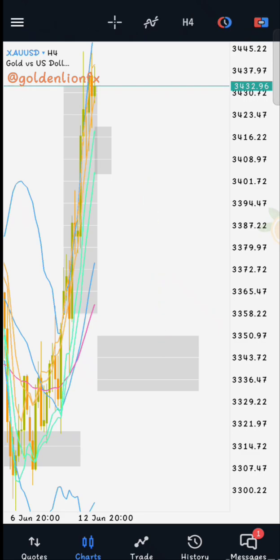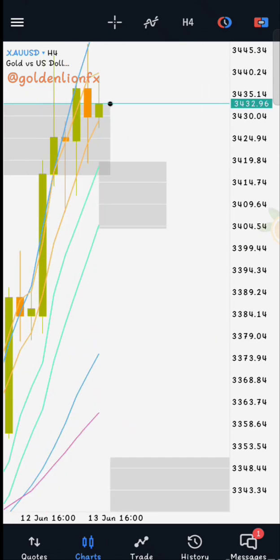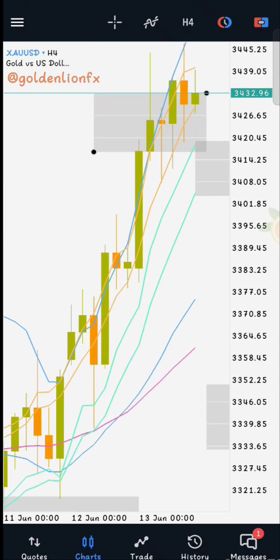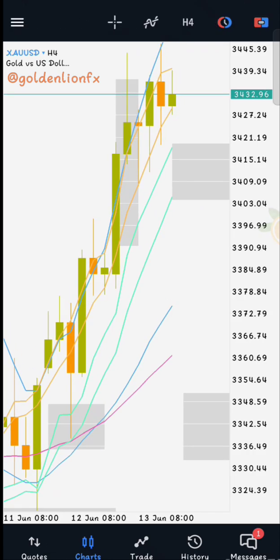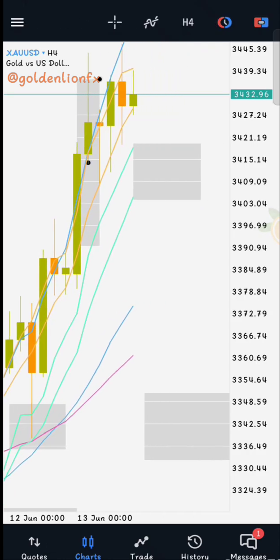In other words, after price had made a golden setup, and in the coming weeks I'm planning to teach the different setups that we have in BBMA, this was a golden setup, and after this setup, price shot up and made momentum, right?